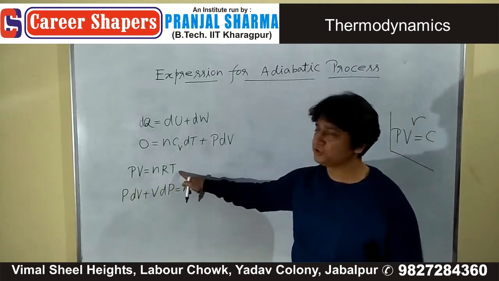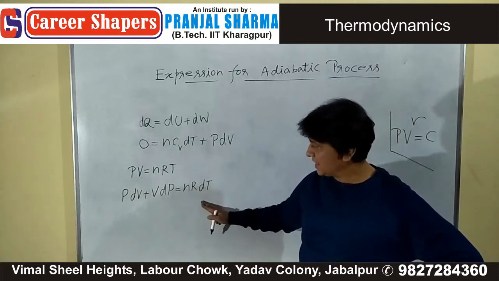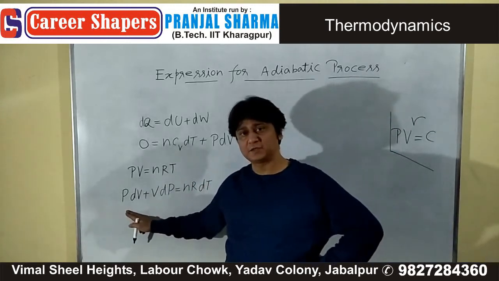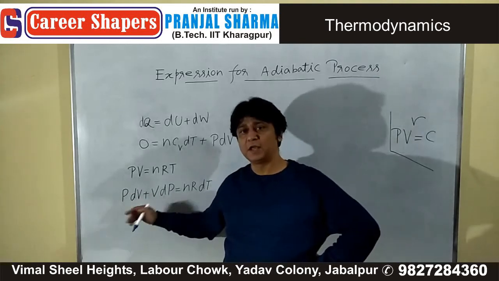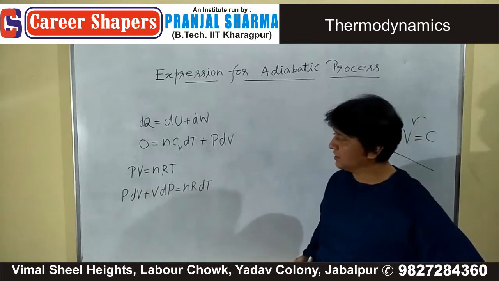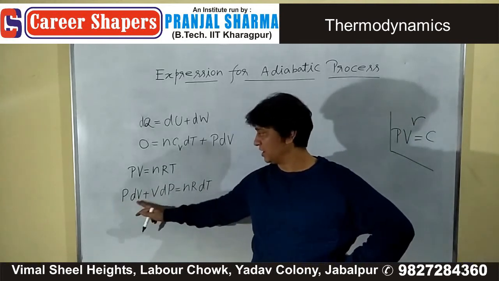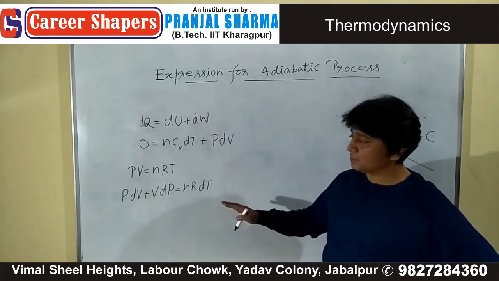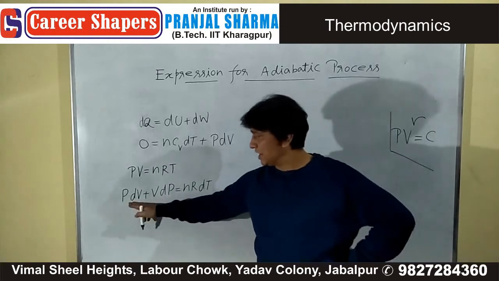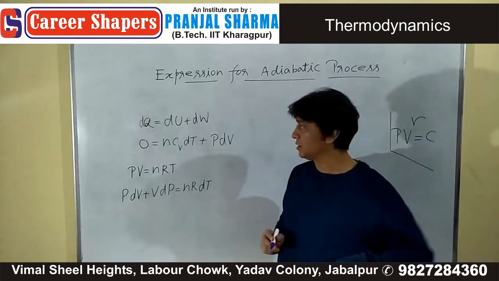And nR, differentiation of T with respect to x, dT upon dx. dx is present in the denominator in all these three parts, and therefore gets cancelled. Or you simply remember it in this form: P dV, V dP, nR dT. So this is your relation between pressure, volume, temperature when they all are changing.